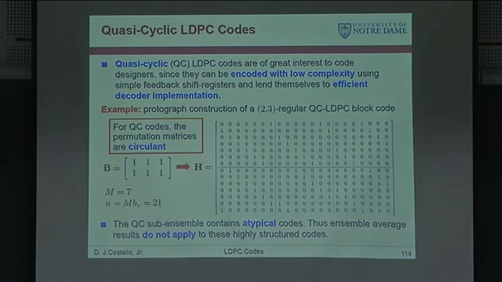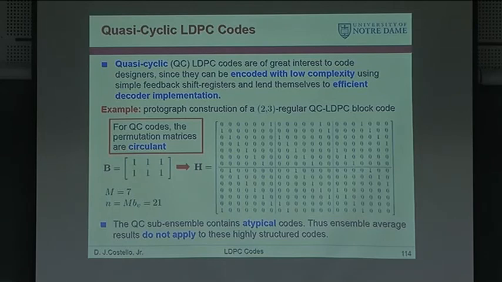Then when you go to construct a code, if you require your permutation matrices to be circulants in order to simplify the implementation, all that analysis goes out the window. Because the analysis is true only for randomly chosen permutations. When you put a restriction on how you choose the permutations, you can no longer rely on that analysis.